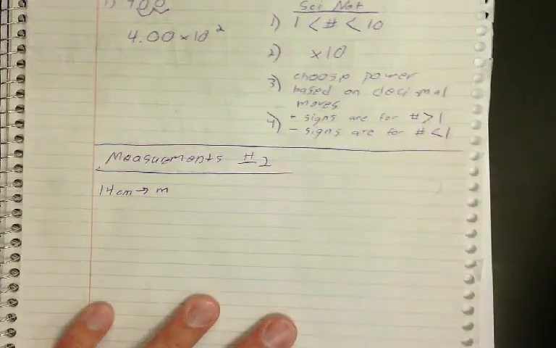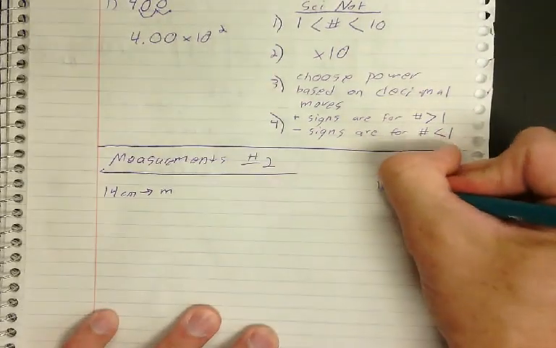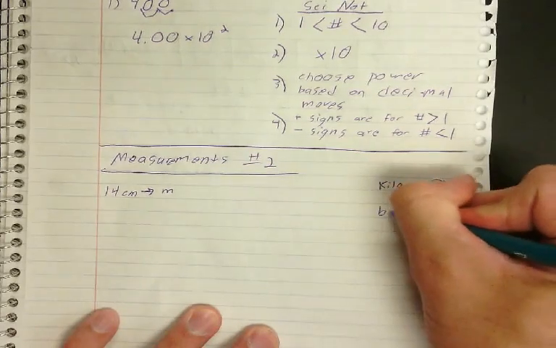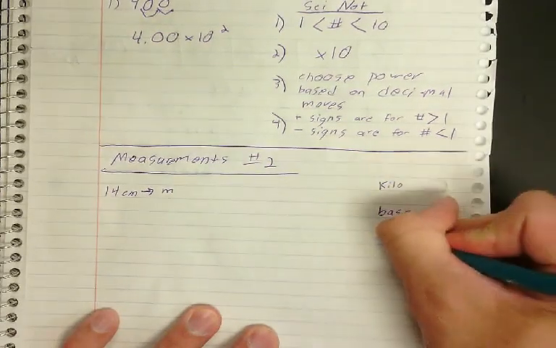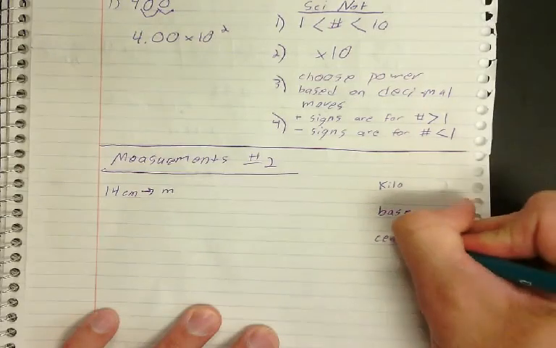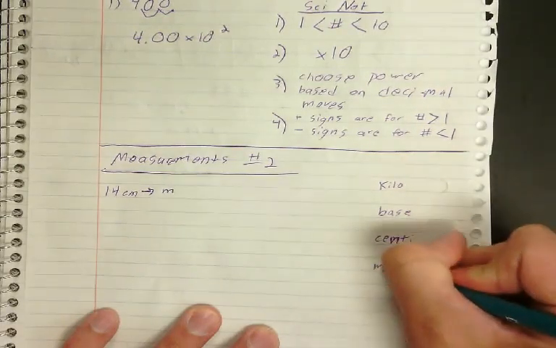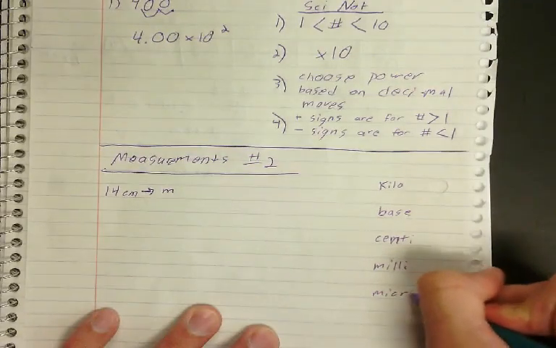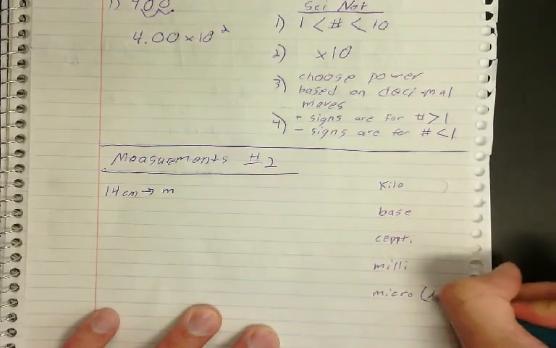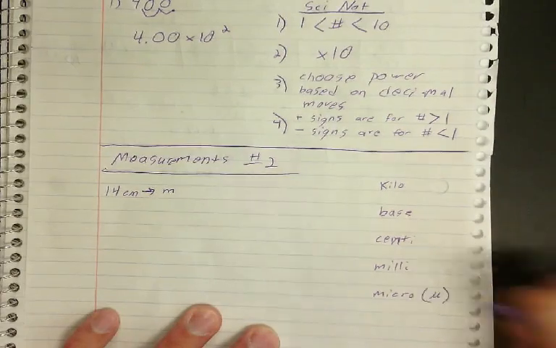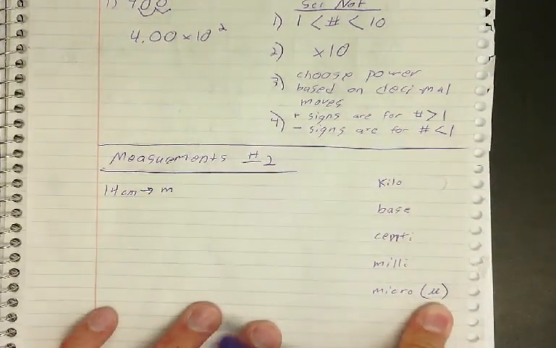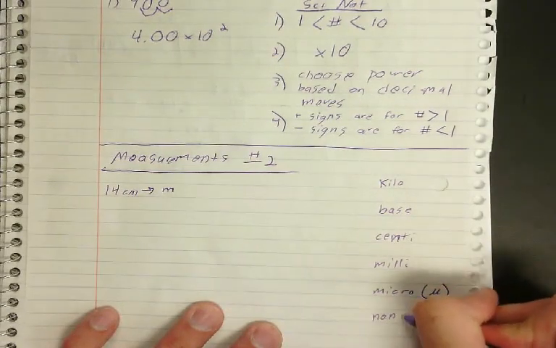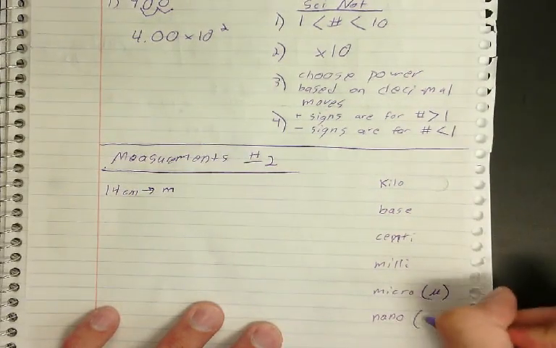Here are the ones we're going to use: kilo, the base unit, which I'll come back to, centi, milli, micro, which is one you're not used to. It's the Greek letter mu. So if you've been looking ahead and you find this weird thing, that's micro. And nano. Again, this one might be new to you. It's n.